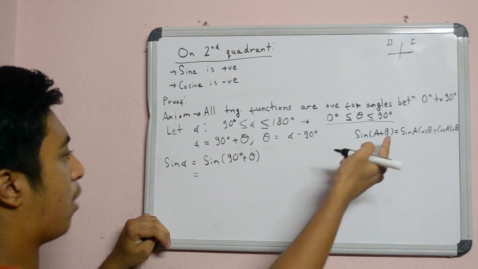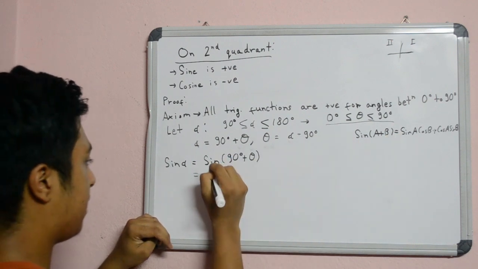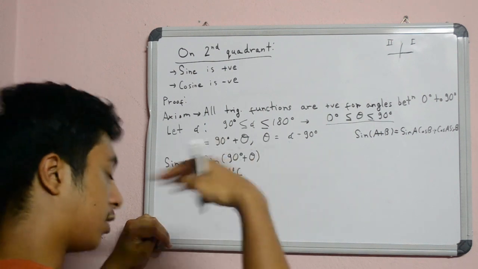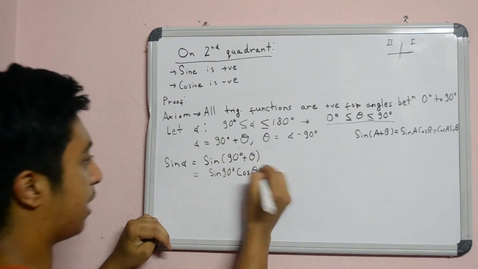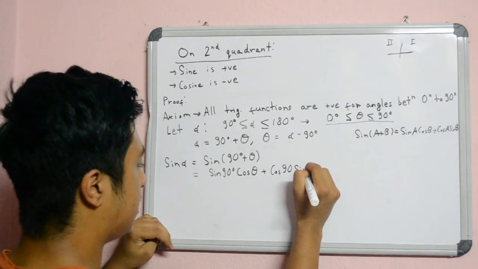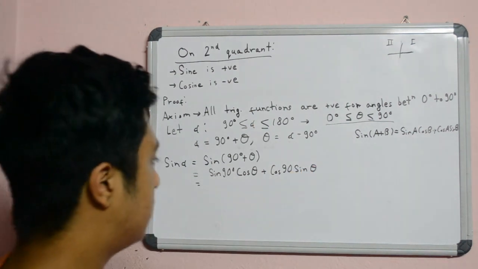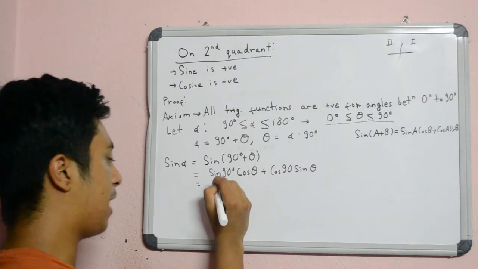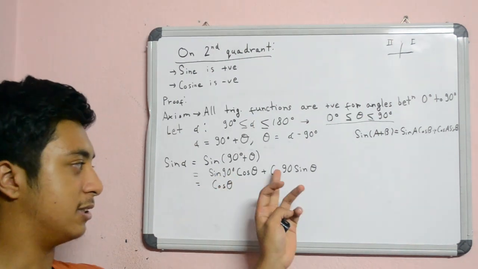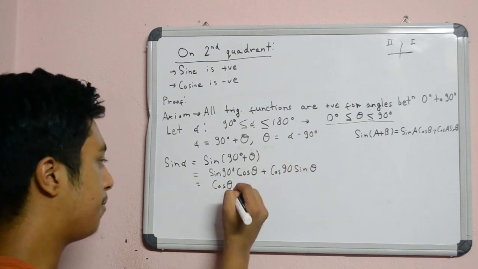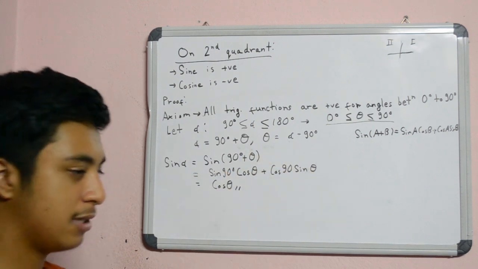So our a is our 90 degrees, and b is theta: sine 90 cos theta plus cos 90 sine theta. Now we know what sine 90 is. It's just 1, so this multiplied by that is cos theta. Now cos 90 we know is 0, which means this whole term is 0, meaning we're left with cos theta.